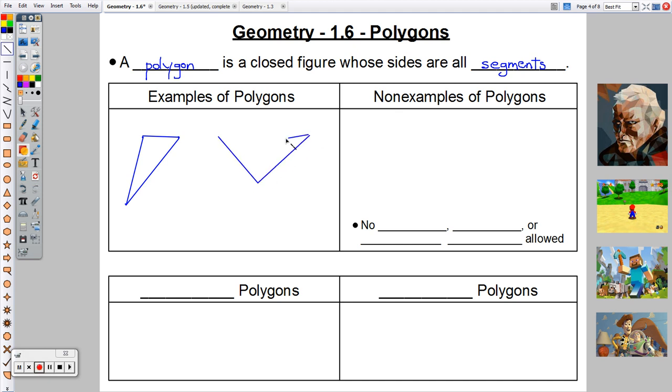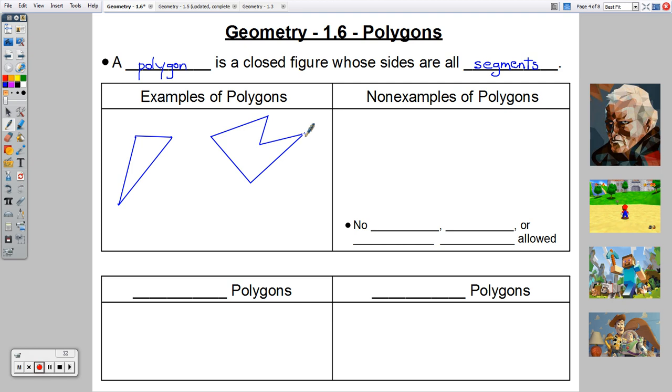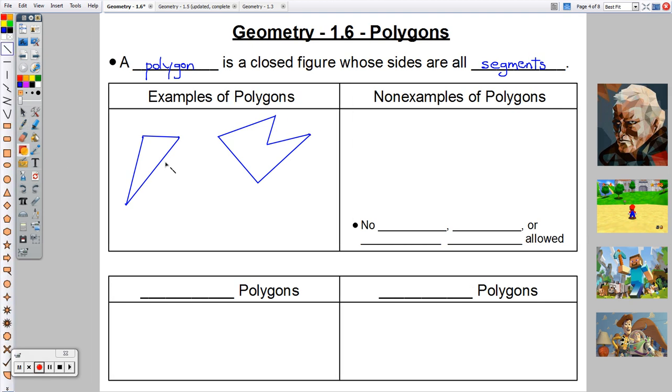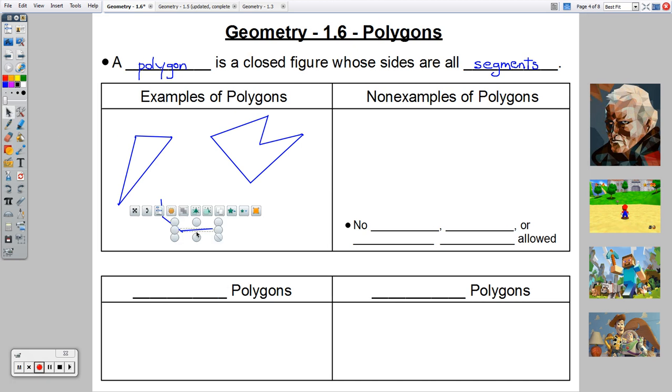Here's another example of a polygon. Something like that would still be a polygon, even though it kind of caves in like that. And just so if you're really picky, that's closed right there. There's a tiny little opening, but I don't want you to think that it should be there. And so, a final example of a polygon. There shouldn't be any overlapping sides like that either.